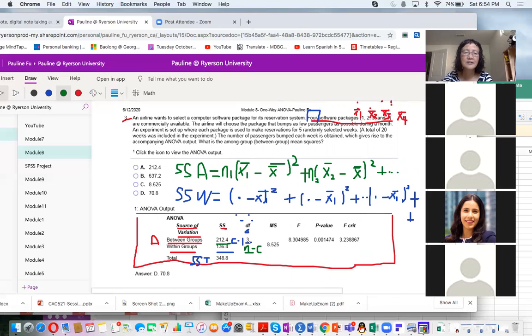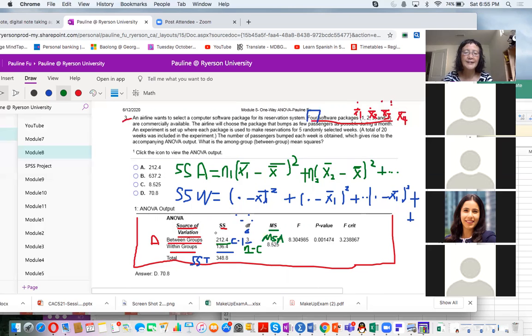And then this MS means mean square. Okay. There are 2 MS. One is MSA. The number should be here, MSA. Okay. How do you find MSA?